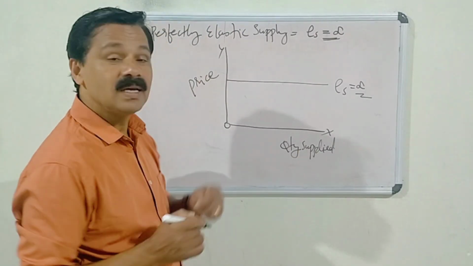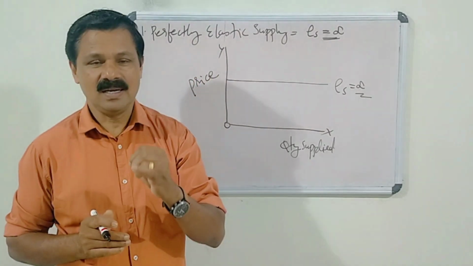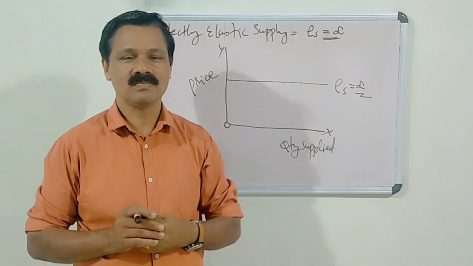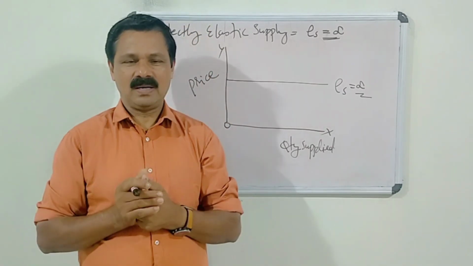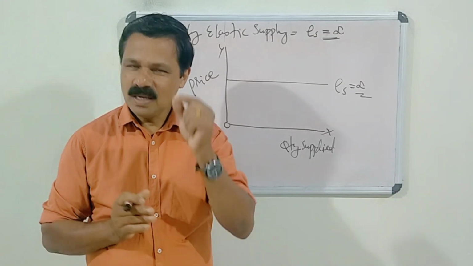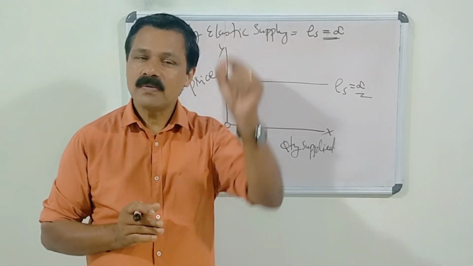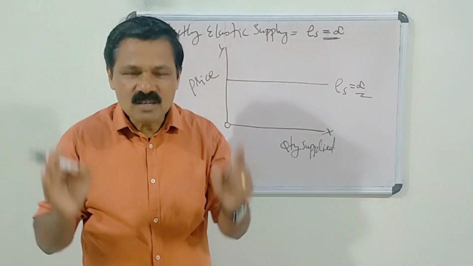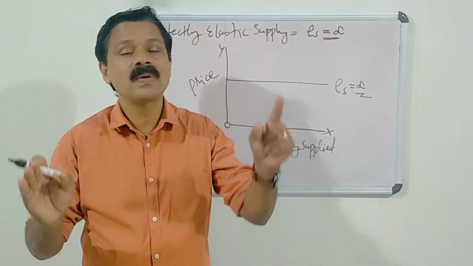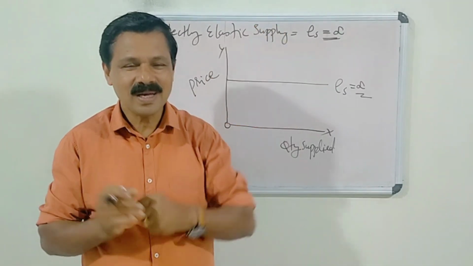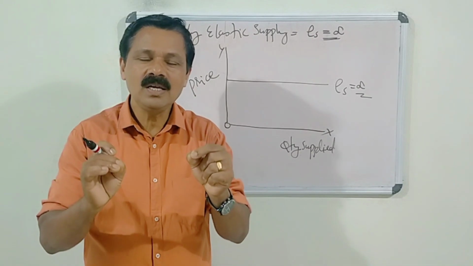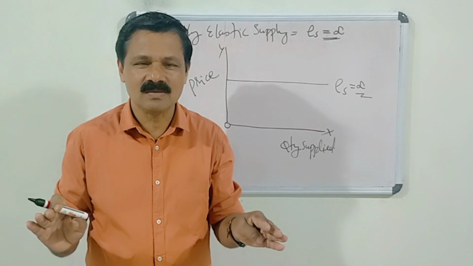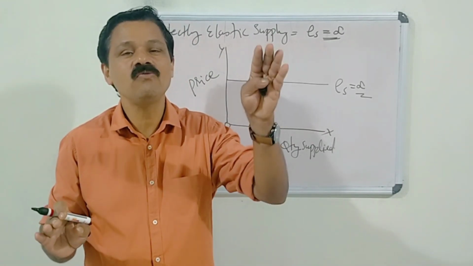And the second type of elasticity of supply is perfectly inelastic supply. If a commodity is facing perfectly inelastic supply, its supply remains unchanged whatever may be the price offered. The quantity offered for sale or quantity supplied remains constant whatever may be the level of prices.